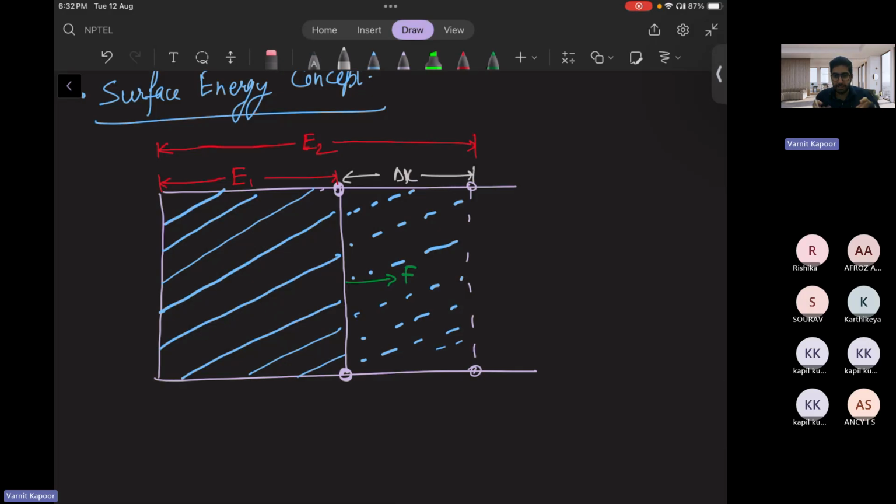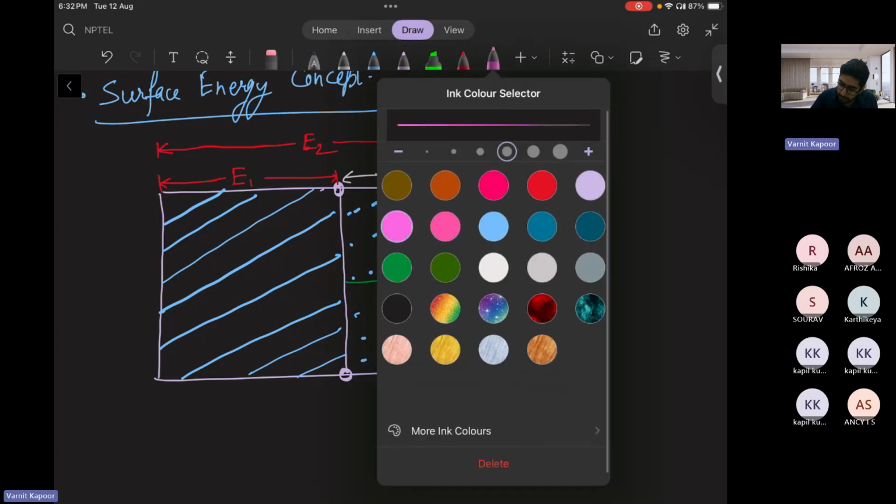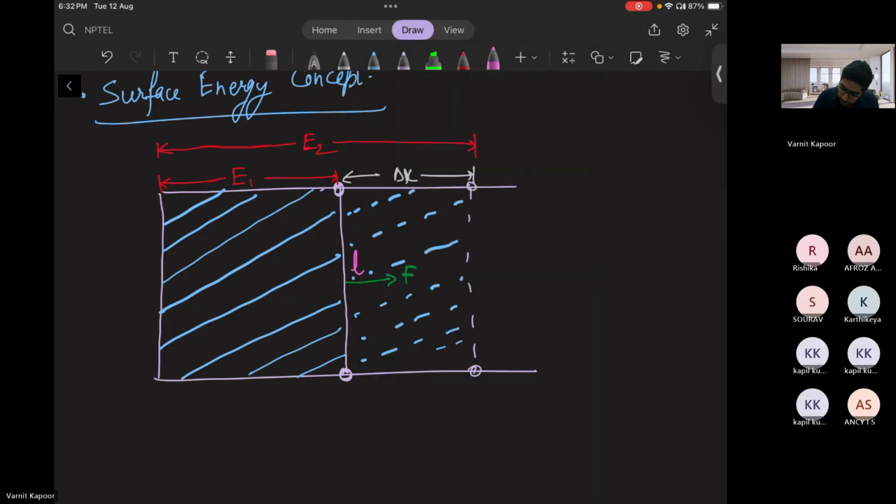Outside the soap solution, there is air. Outside this system, there is air. So there is an increase. Let us suppose the length of the lever is L. How much have you increased the area?